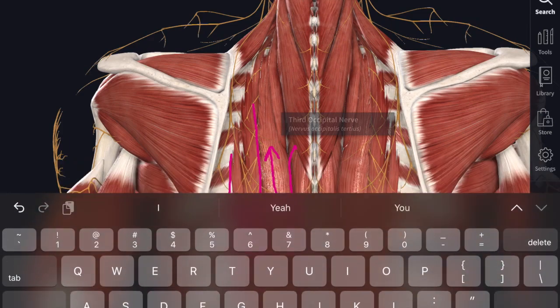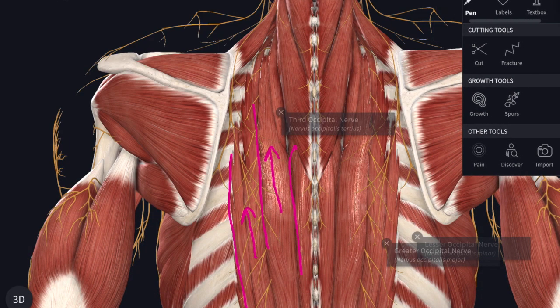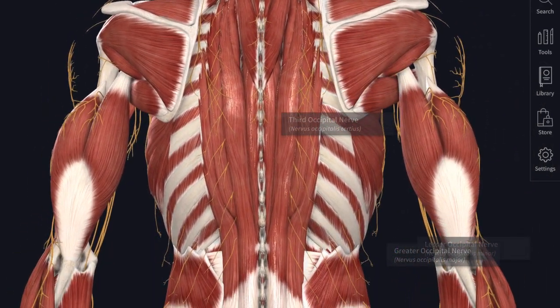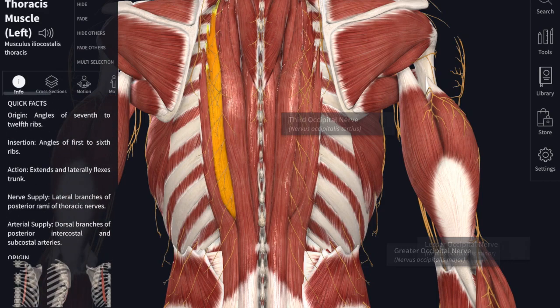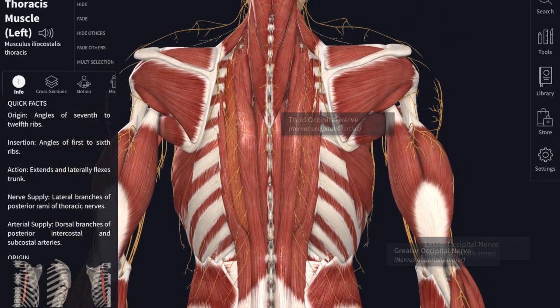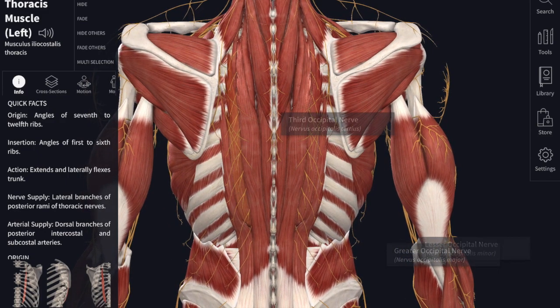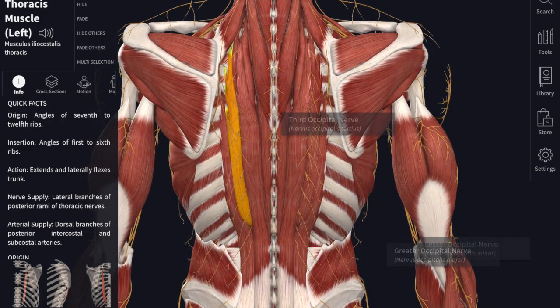And for that, you really want to pay attention to what level you are at. By level, I mean if you're in the cervical area, thoracic area, or in the lumbar region. Now, you'll notice that this is the highest iliocostalis, and it's only on the thoracic region. It does not go up to the cervical region.